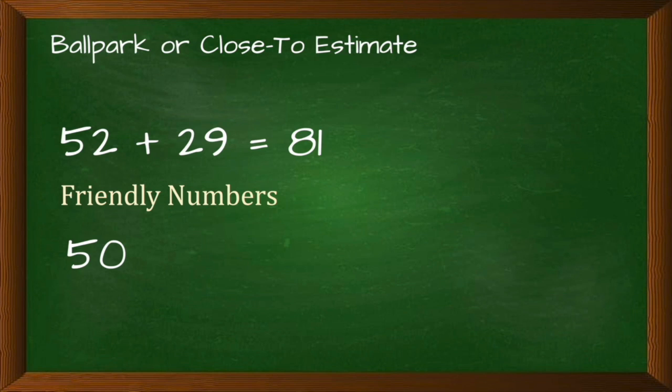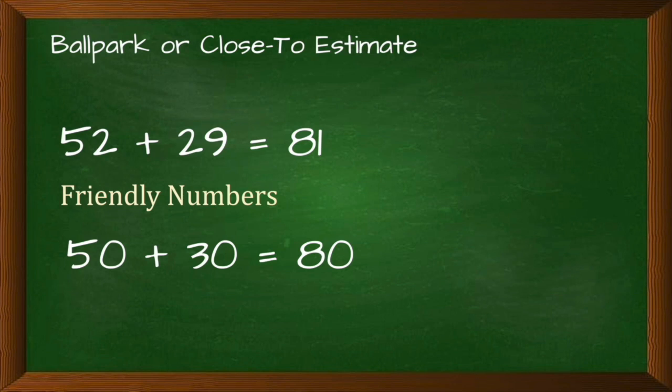I'm going to choose 30 here. 50 plus 30, well, let's see. I'm going to start at 50 and count up by 10: 50, 60, 70, 80. Well, 80 is pretty close to 81. Is my answer reasonable then? It is, because 80 is close to 81.